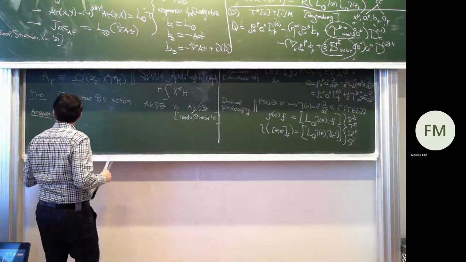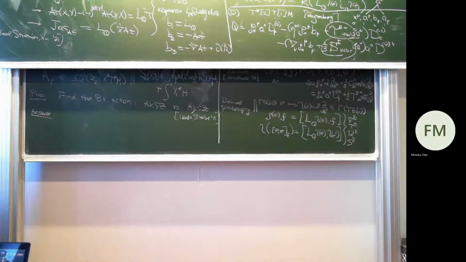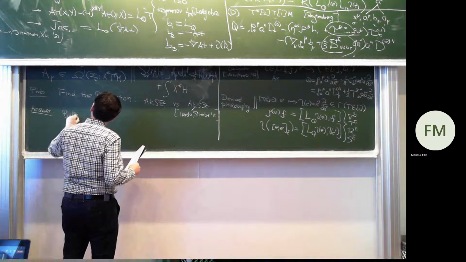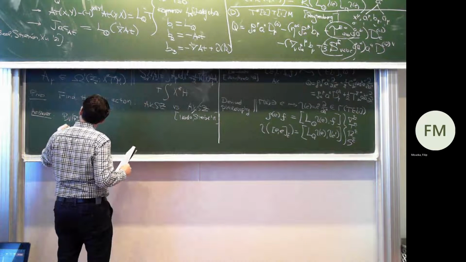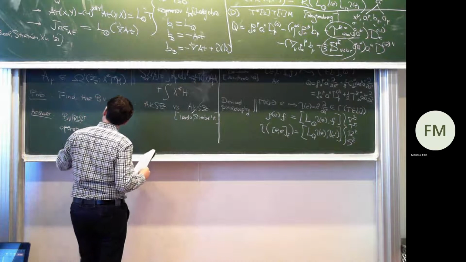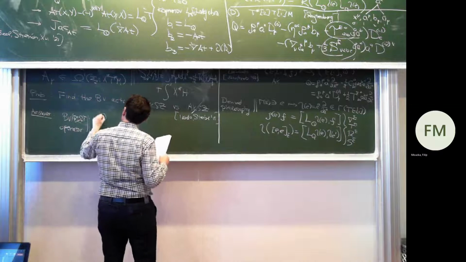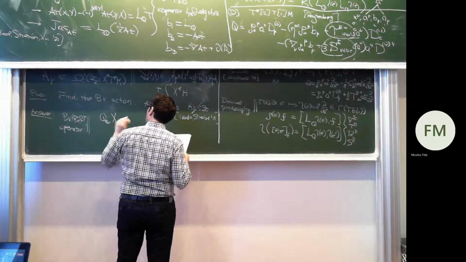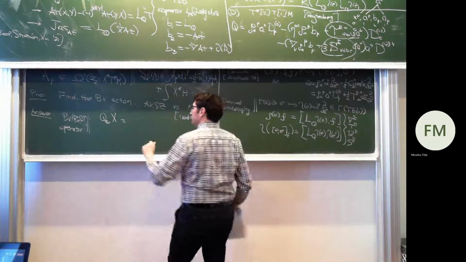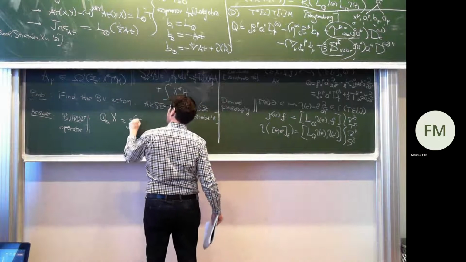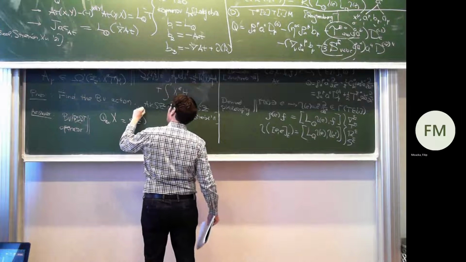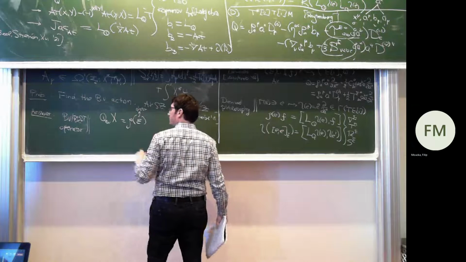And the answer is, I'm not going to write down the BV action, but I'm going to write down the BV-BRST operator for the model. When it acts on the field X, and I'm going to do it in a basis independent way, this is rho of epsilon. Epsilon is the ghost corresponding to the gauge symmetry of the one form.